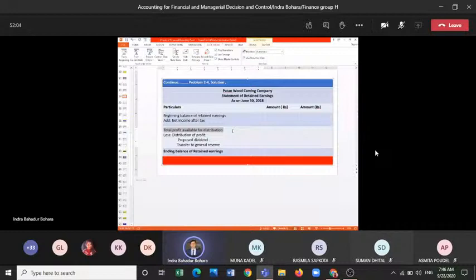Distribution of profit, I had already told you, dividend was declared, but sorry, it is not dividend paid, it is proposed dividend. And transfer to reserve is given. Then after deducting these two headings, the remaining amount of profit is called ending balance of retained earnings.